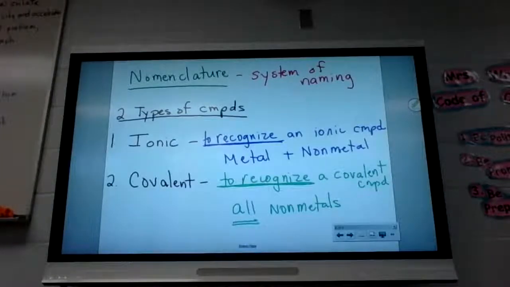Those definitions, or the ability to recognize ionic compounds, are predicated on the fact that you can identify metals and nonmetals on the periodic table. So I'm counting on the fact that you remember where the metals and the nonmetals are on the periodic table.